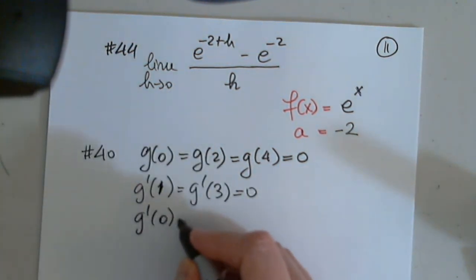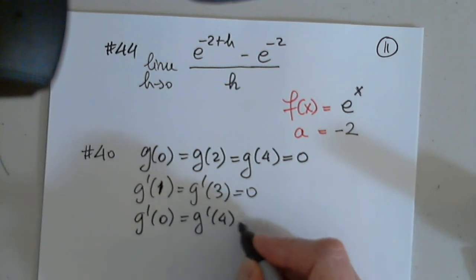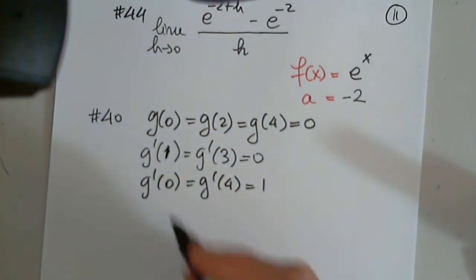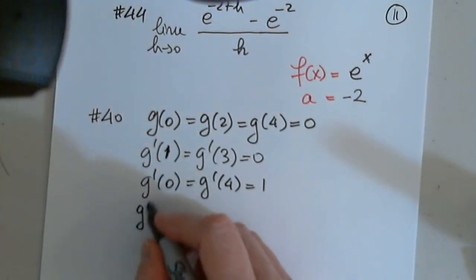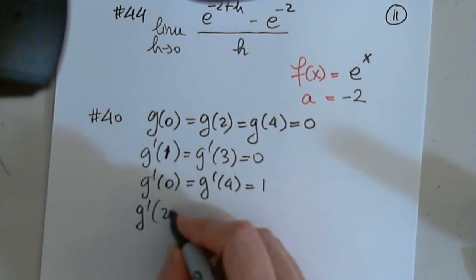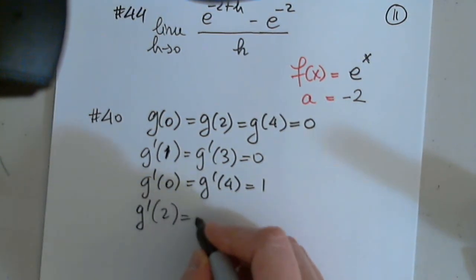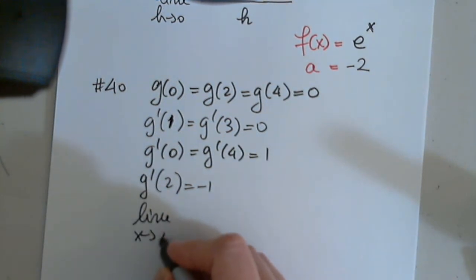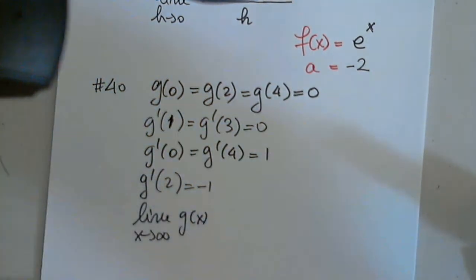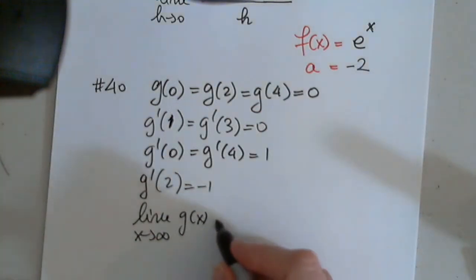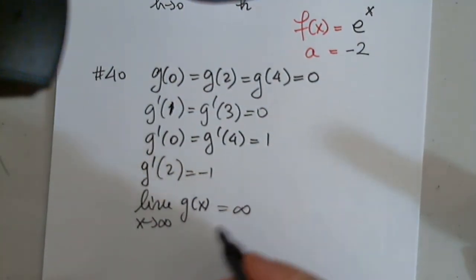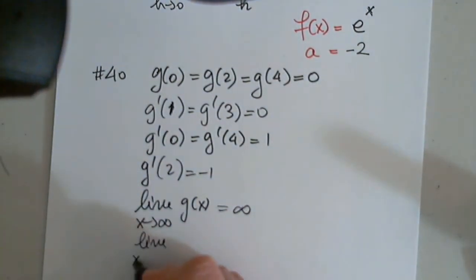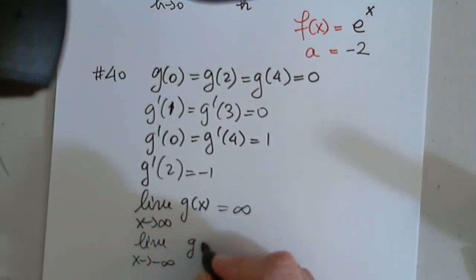G prime of 0 equals g prime of 4 equals 1. Who chose this problem? It takes me 5 minutes to just copy it. I know I did. Okay, and then the limit as x approaches infinity of g of x equals infinity. Fine. And finally, the limit as x approaches negative infinity of g of x equals negative infinity.